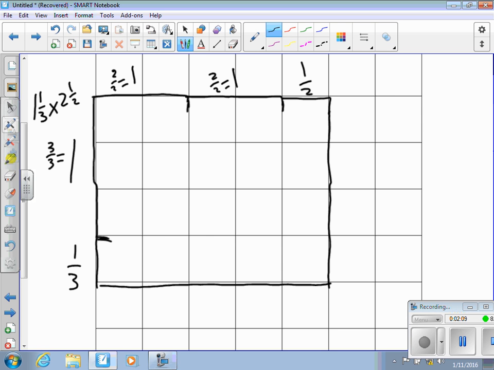So here we see we have 1 times 1. This area here represents the 1 whole for this multiplication problem, for this area model as well. So this is our whole.